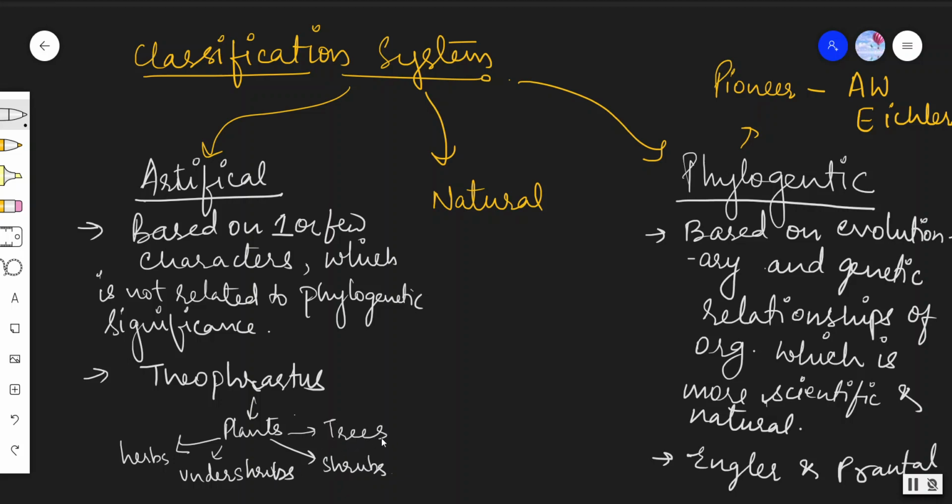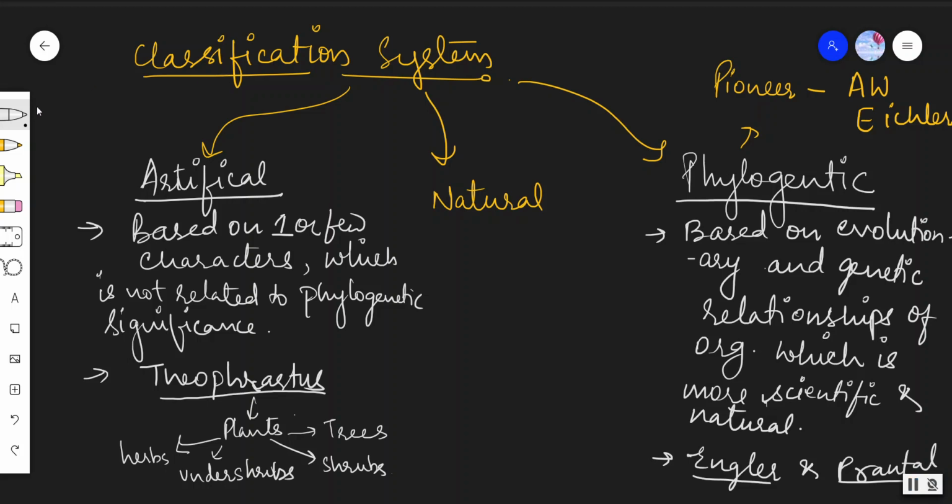Linnaeus also supported Theophrastus for this classification. Clear? Here Engler and Prandtl first proposed the phylogenetic system, and A.W. Eichler was the pioneer of the phylogenetic system.